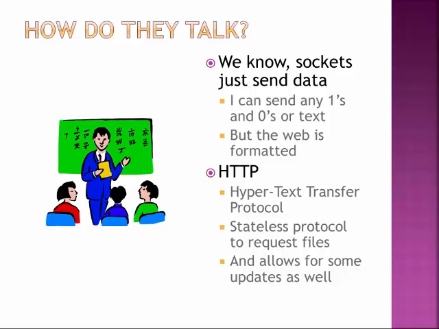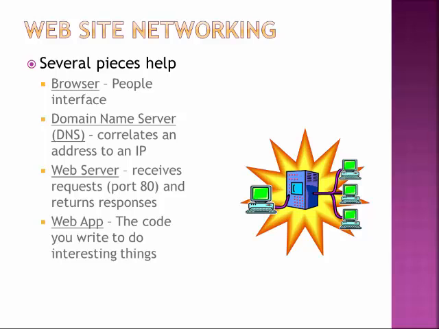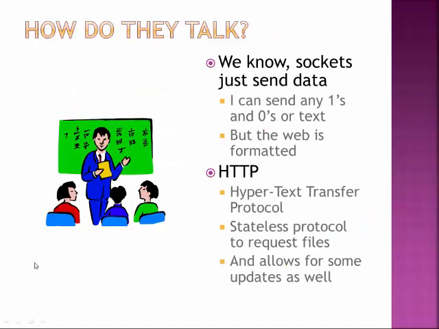So the way they talk, as we kind of figured out, is it's not ones and zeros. It's formatted for the web, but it's also very clearly formatted in a way that's going to help us communicate, called HTTP, Hypertext Transfer Protocol. It is stateless, and it is required to be able to send and receive information over browsers. It's basically a protocol that they defined to send this stuff called hypertext.